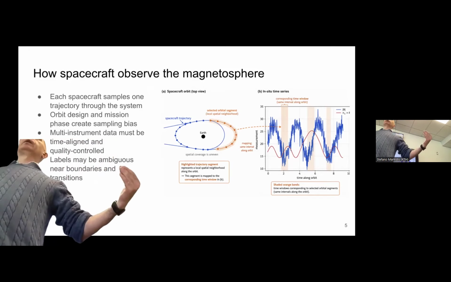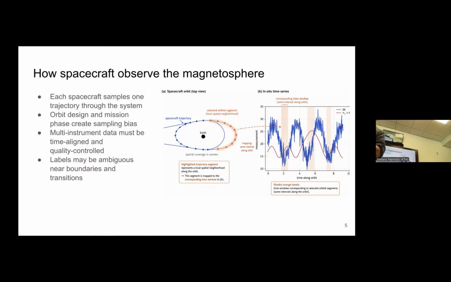If you're lucky, in your space project, you have labeled data. What does it mean? It means that you have a certain configuration of your features. For instance, you have information about the density, temperature, bulk velocity, all these quantities, and then you have a label.